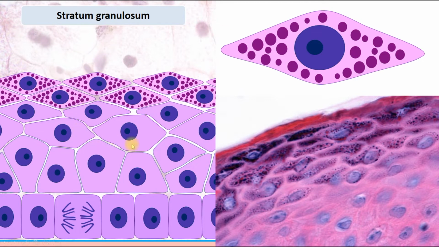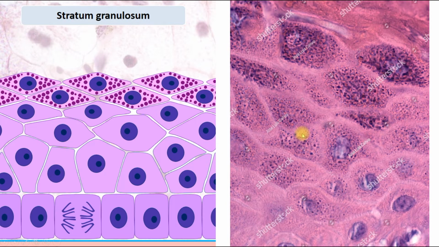So in stratum spinosum there are keratin filaments. In stratum granulosum they form granules of keratohyalin, which are visible in the cytoplasm of cells, and it gives the name for this layer. It's stratum granulosum because it contains granules of keratohyalin. Here we can see those granules.